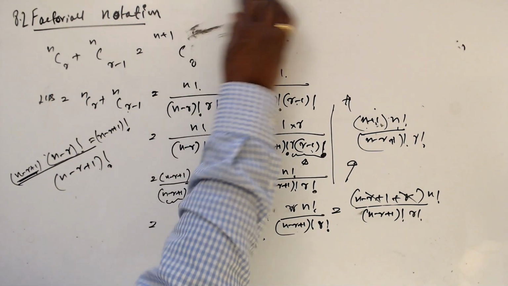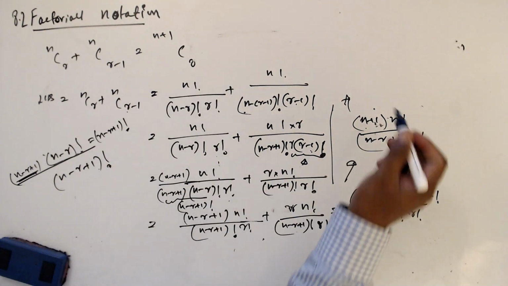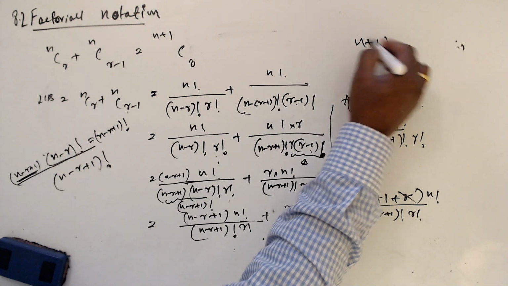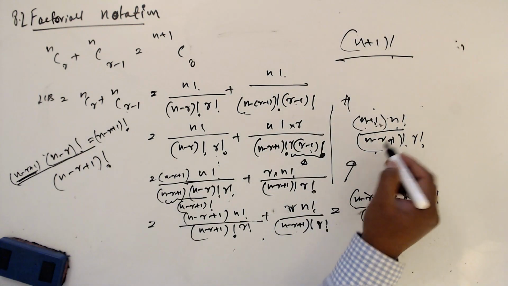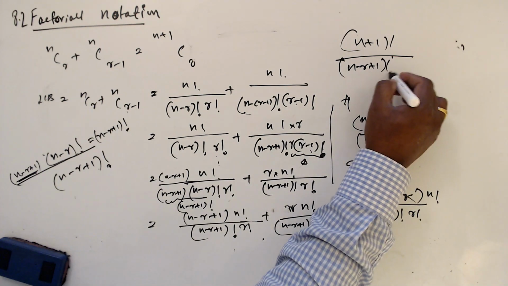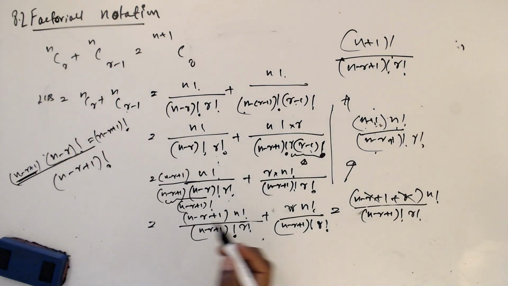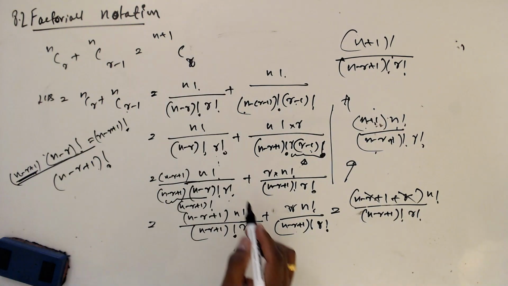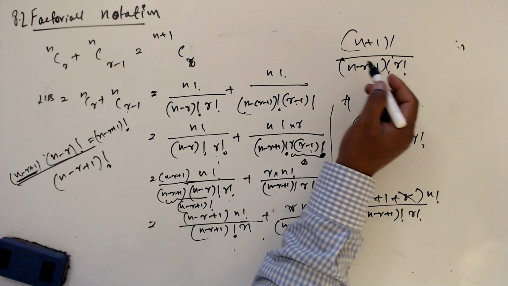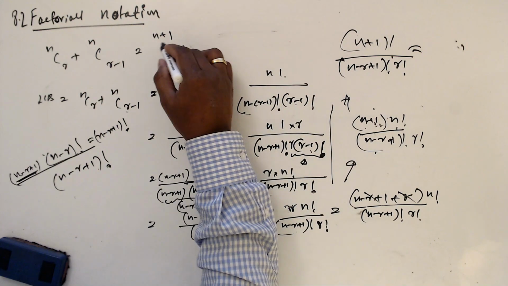So this is going to be (n plus 1) factorial on top, and this is (n minus r plus 1) factorial and r factorial. So this is equal to the RHS.